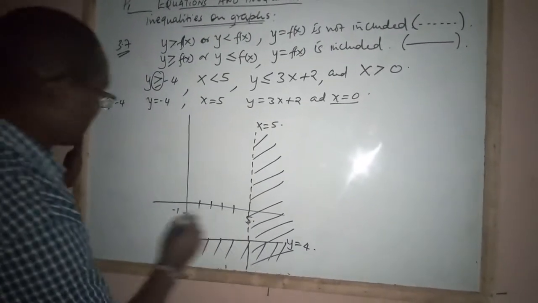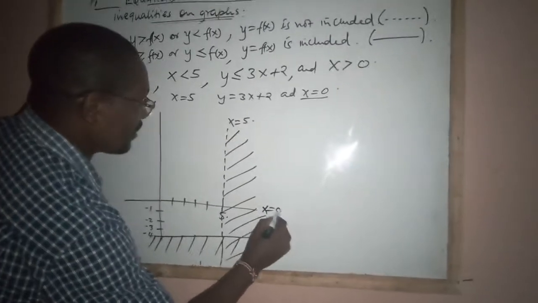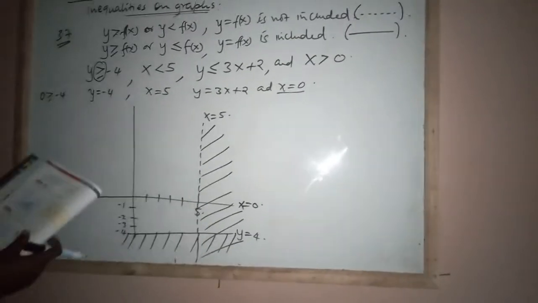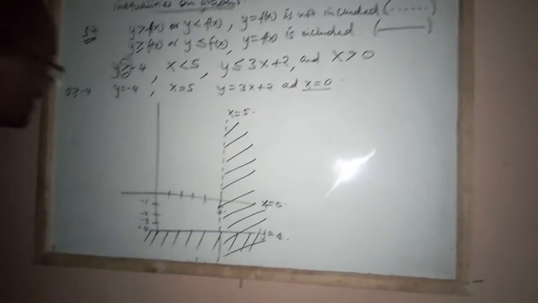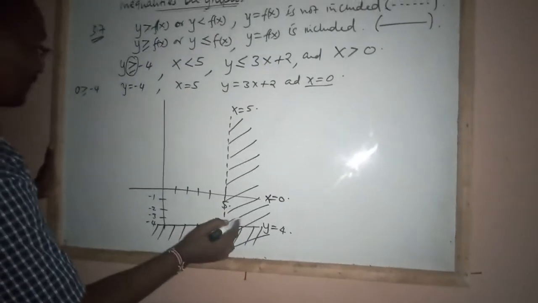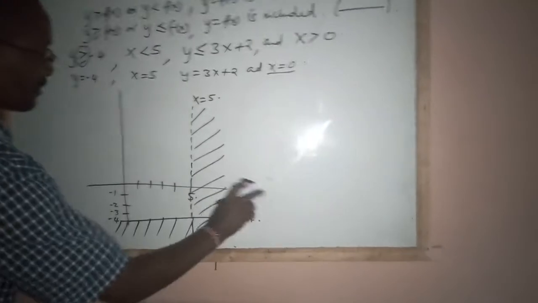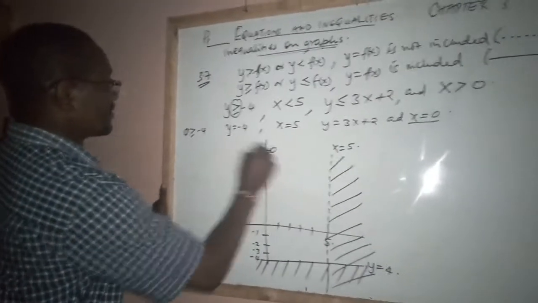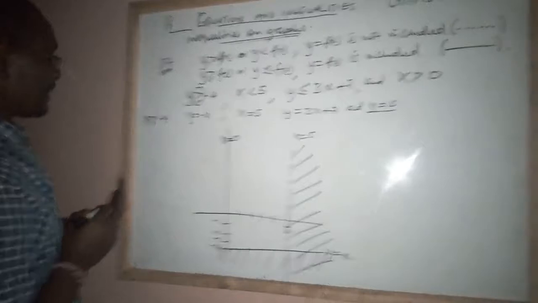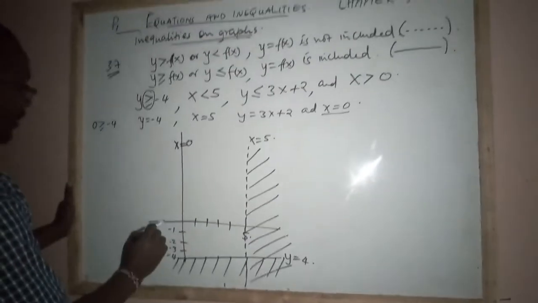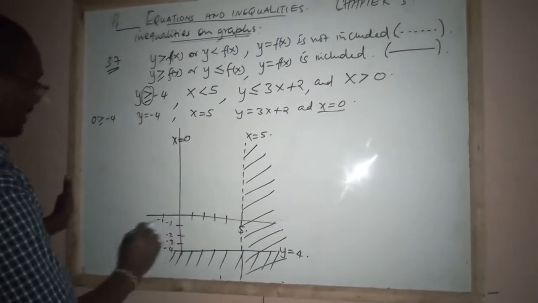Fine. This is the line x is equal to 0, and because we are talking about x being greater than 0 as another boundary, all values of x. No, this is not x is equal to 0. This is y is equal to 0. We are talking about x is equal to 0. Please make that correction. x being greater than 0, if we go to the left, we are going to have -1, -2.